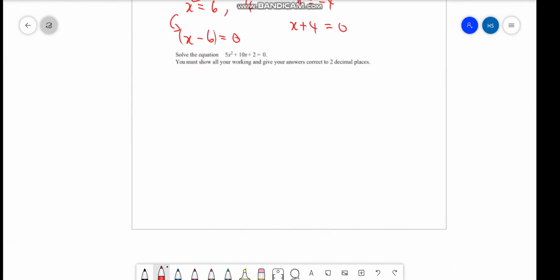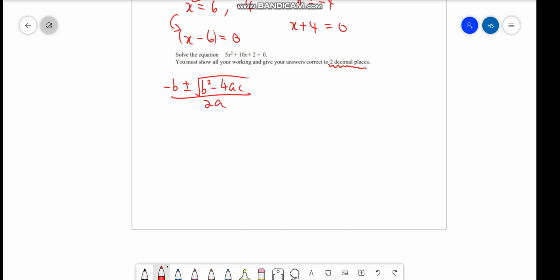So lastly, solve the equation 5x squared, and so on, show your working and give your answers correct to 2 decimal places. Every time they ask you to solve the equation and give your answer in decimal places, it means you cannot use the calculator anymore. You must use the formula, which is -b plus minus square root of b squared minus 4ac, over 2a.